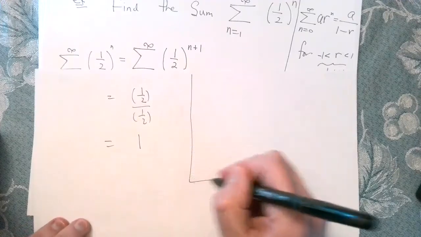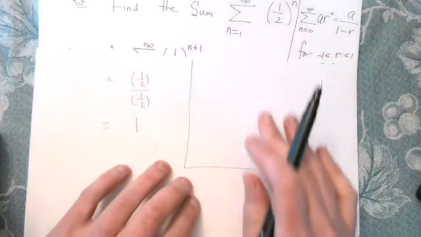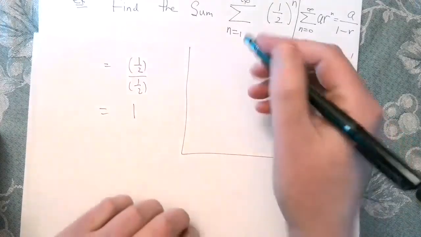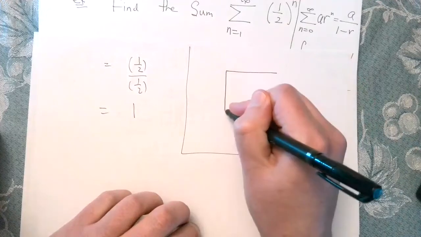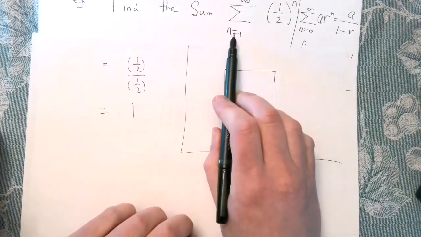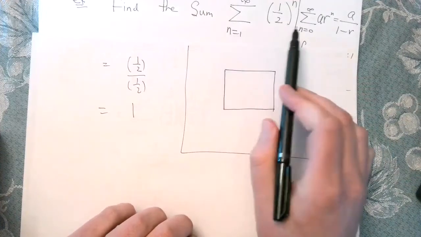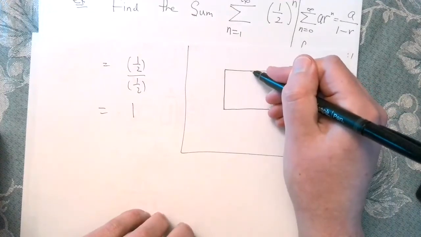So this one in particular has a nice picture attached to it. So let's show this one geometrically as well. Let's start with some unit square, perhaps. Now, if I plug in 1 here, the first term is going to be 1/2. So let's represent that with 1/2 of the square.